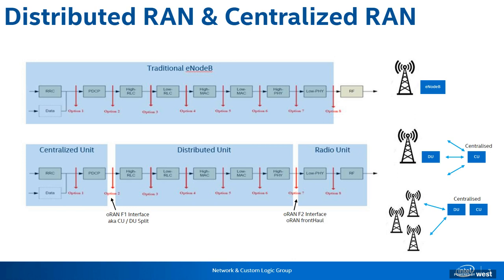So quickly to touch on distributed RAN and centralized RAN, the top diagram here essentially represents a traditional RAN implementation. And this is now also being virtualized and cloudified, so to speak. And one of the motivations for even virtualizing the RAN right out at the base of a cell tower, like in a rural type implementation, for example, is that the network demands wouldn't justify each operator placing their own hardware solution at that site.